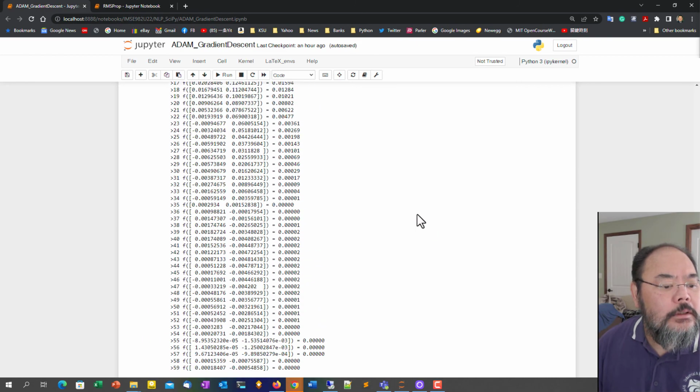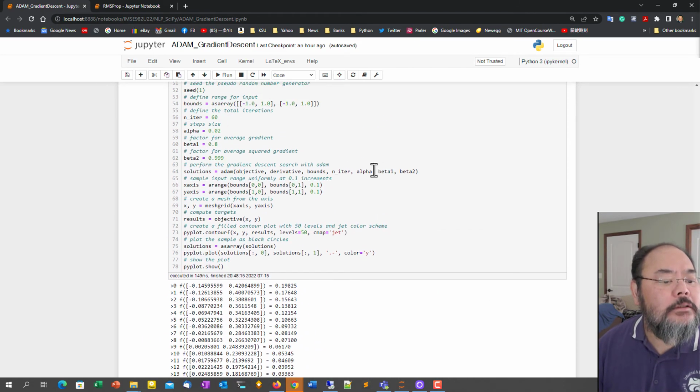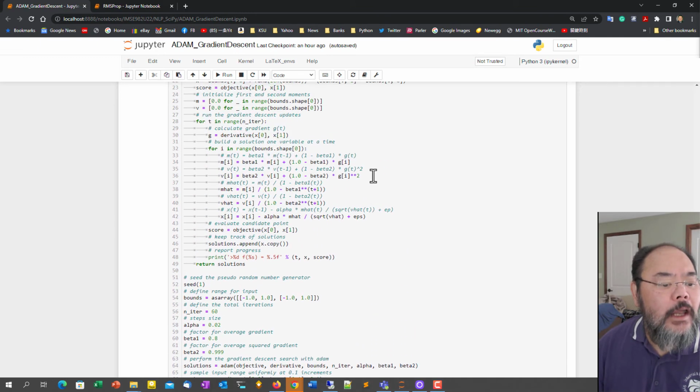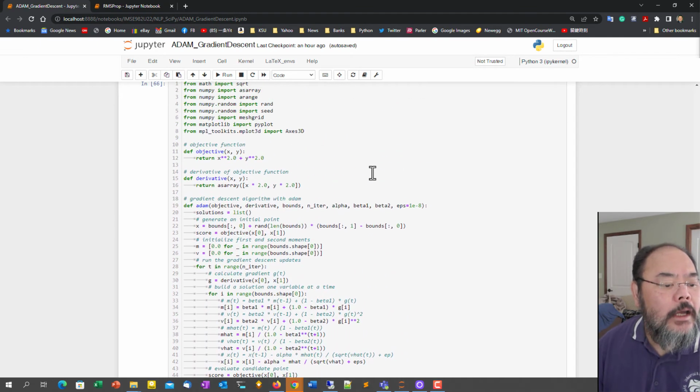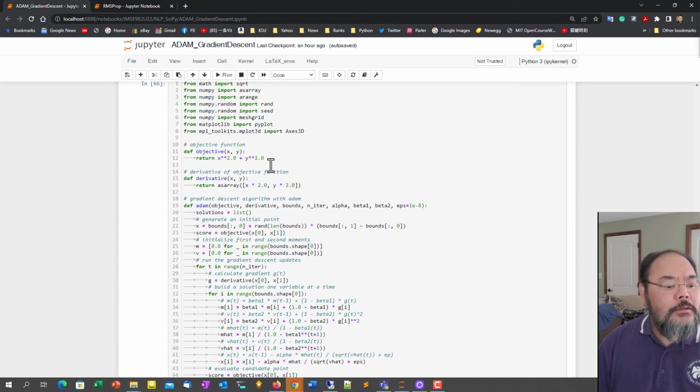Okay, and the next thing we want to target is a nicer function. See how well the Adam algorithm, gradient descent with the Adam update, works. So I changed it back to the objective function x squared plus y squared, and the first derivatives are 2x and 2y.